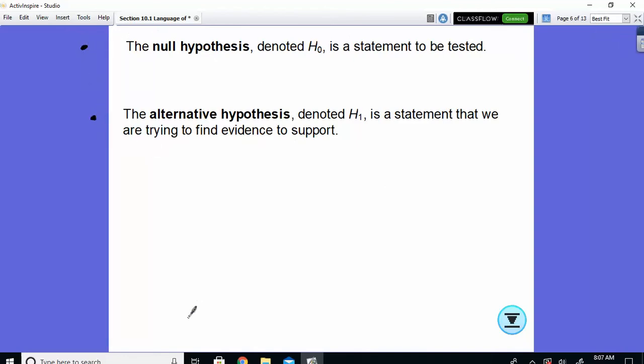You will always have a null hypothesis and an alternative hypothesis. The null hypothesis is denoted H sub 0. That's the statement to be tested. This is always assumed to be true until proven otherwise.